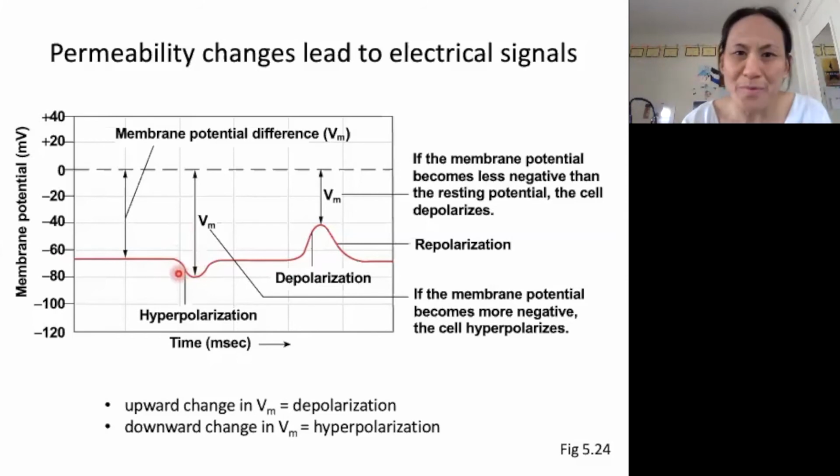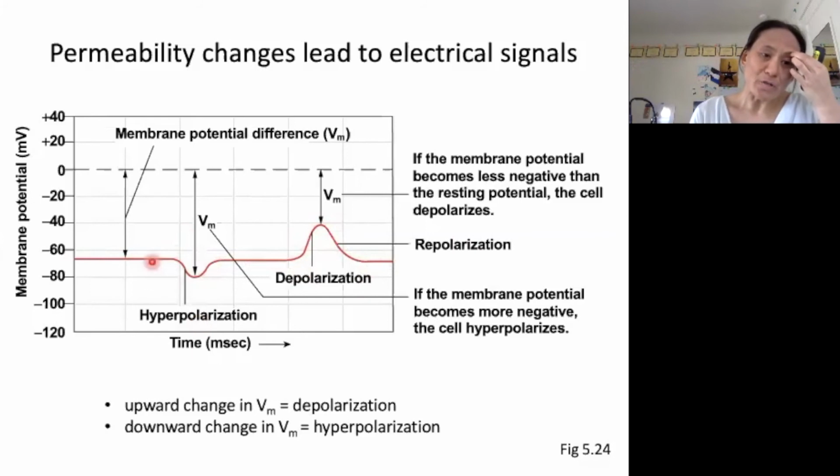Some ions are going to move, and in this case, that's going to cause the membrane potential to go down. We come back to our resting membrane potential. We have additional ion channels opening or closing, additional ion movement, and that's going to change the membrane potential again.